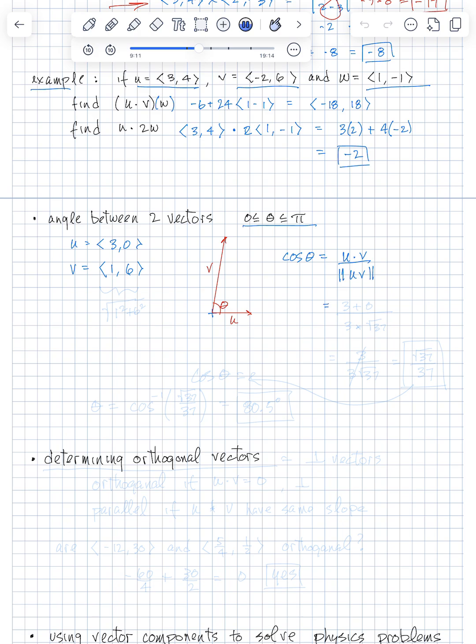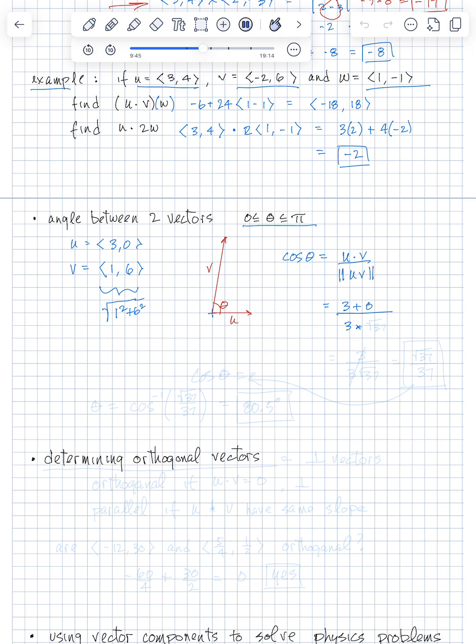So let's see, u dot v is going to be 3 times 1 plus 0 times 6. So it's 3 plus 0. And then the magnitude of u times the magnitude of v. So the magnitude of u is just 3. And the magnitude of v, well, it's the square root of 1 squared plus 6 squared.